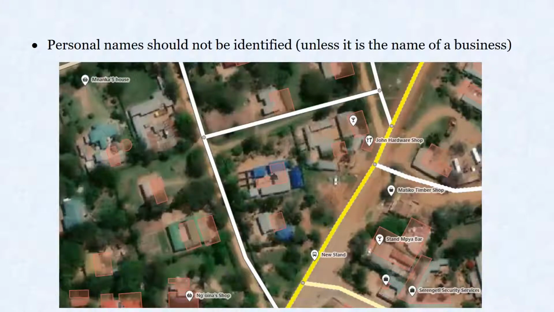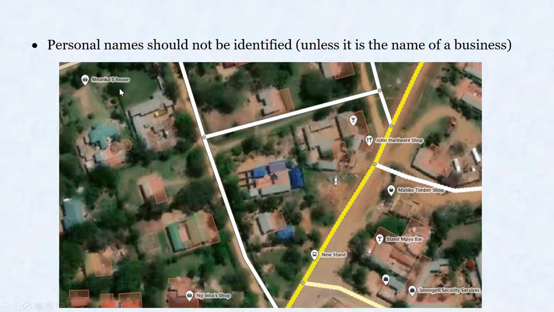personal names should not be included. There are two examples here. John's Hardware Shop. Okay, well, that's the name of his shop, and so the name should be there. Ngolina's shop is the same thing. Here we have Manaka's house. I don't know if this is Manaka's house or Manaka's dollar house.